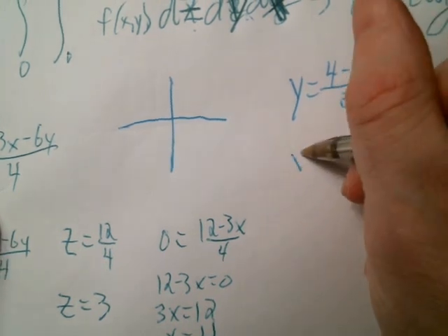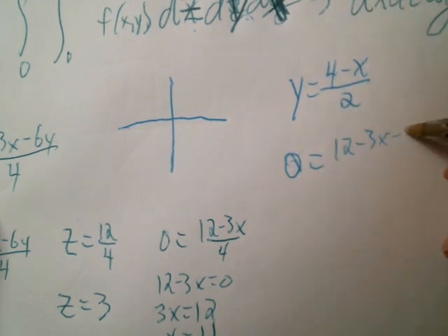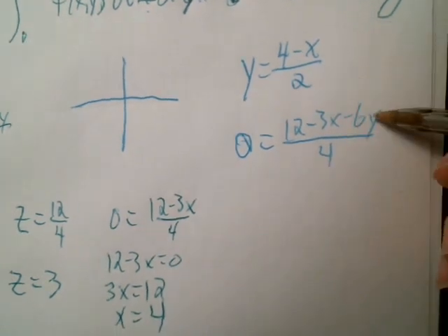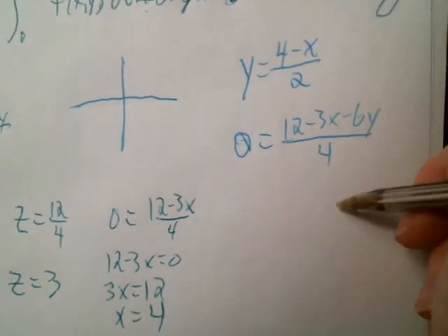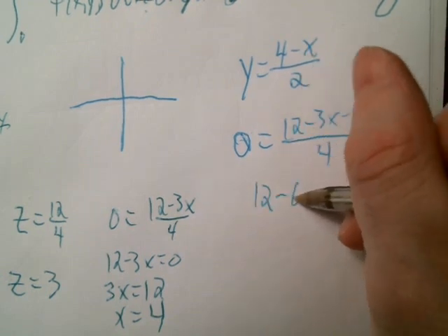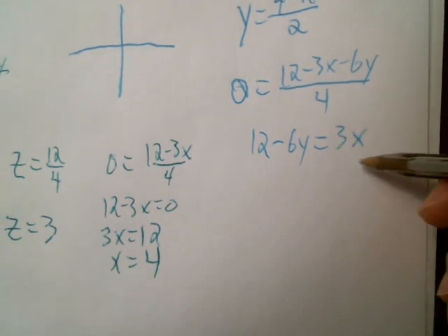So look, if you let z equals 0, you'd have 0 equals 12 minus 3x minus 6y all over 4. And then you could solve for y. Multiply both sides by 4, you get 12 minus 3x minus 6y equals 0.